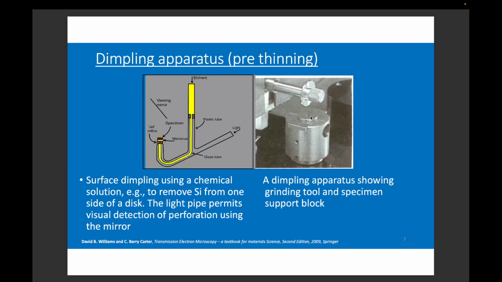So this is dimpling. You can see this round wheel rotating in this direction and the specimen rotating in, let's say, this direction. Due to that, we are able to get the wedge shaped specimen.